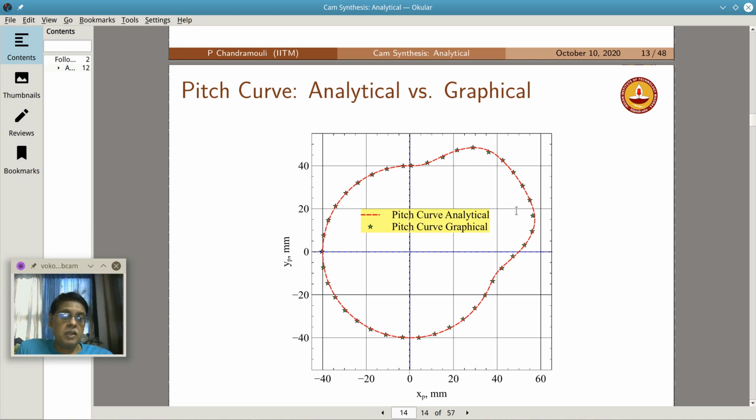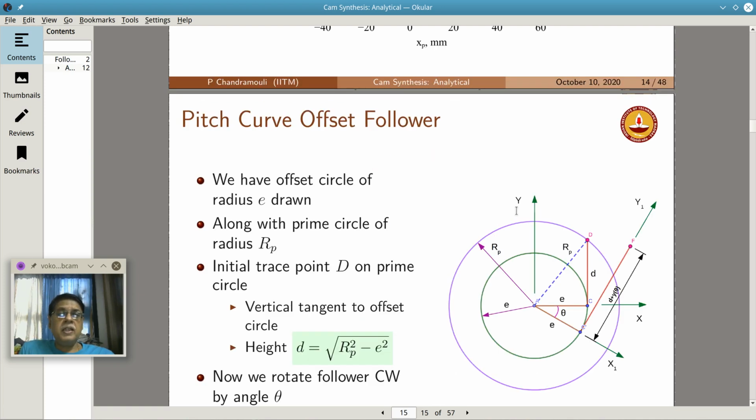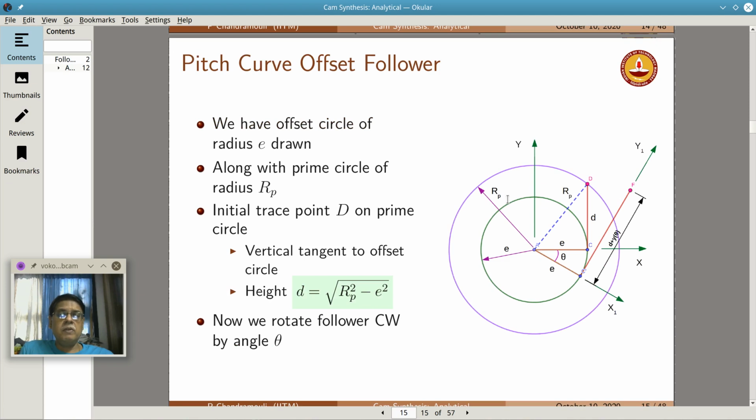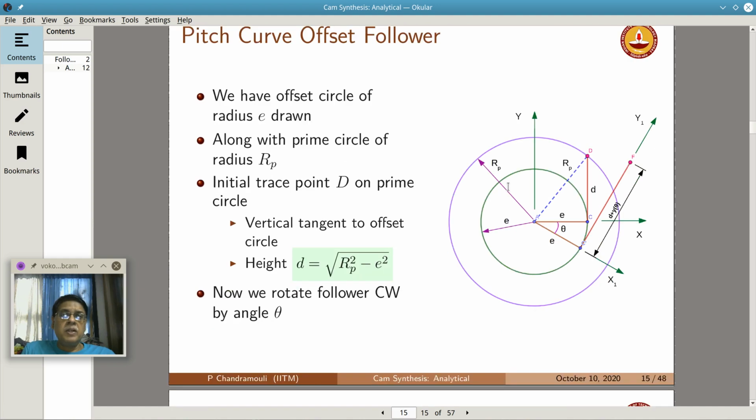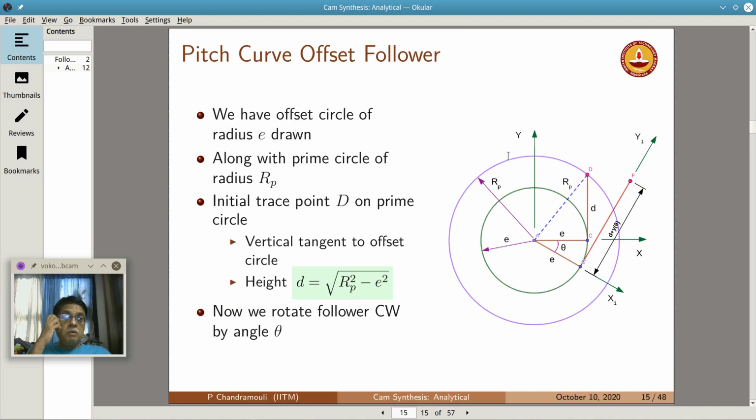All right, let's now look at the offset follower for the pitch curve. The pitch curve is the starting point; we still need to derive the cam profile, and we'll go to that, but let's look at the pitch curve with an offset follower. In the graphical construction, we drew the prime circle, which was 40 millimeters radius.